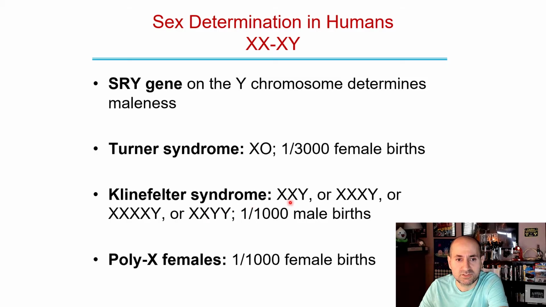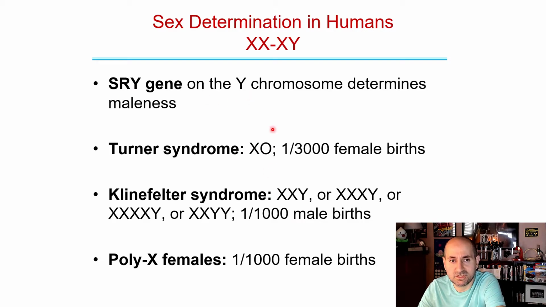In Klinefelter syndrome, you have extra X chromosomes. You can have 1 extra, 2 extra, 3 extra. You could have an extra Y and an extra X, and this happens in 1 in 1,000 male births. Notice the presence of the Y chromosome directs maleness, and that's due to the presence of the SRY gene on the Y chromosome.